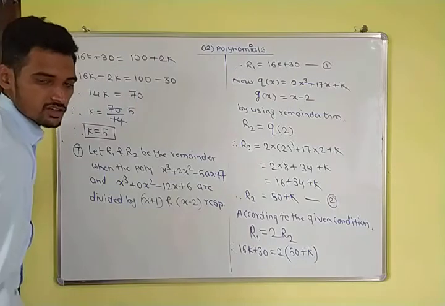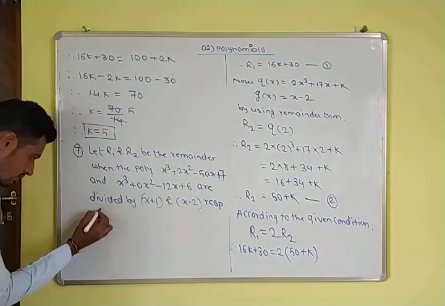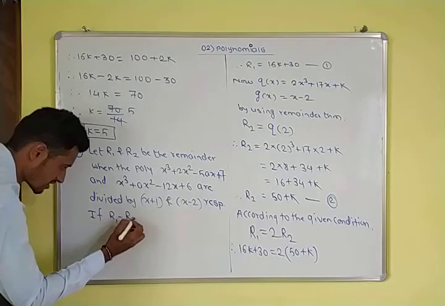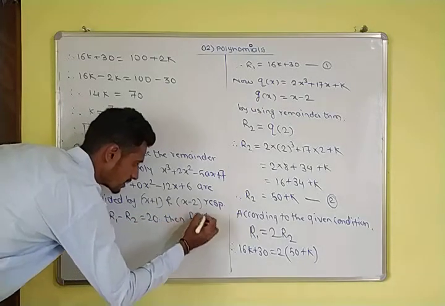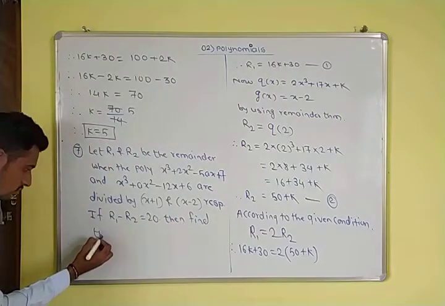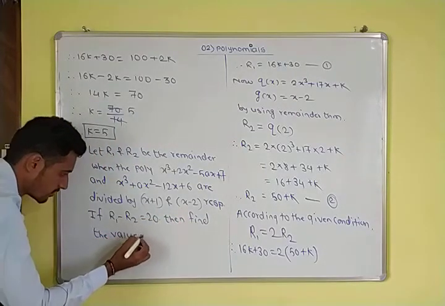If the given condition is r1 minus r2 is equal to 20, then find the value of a.